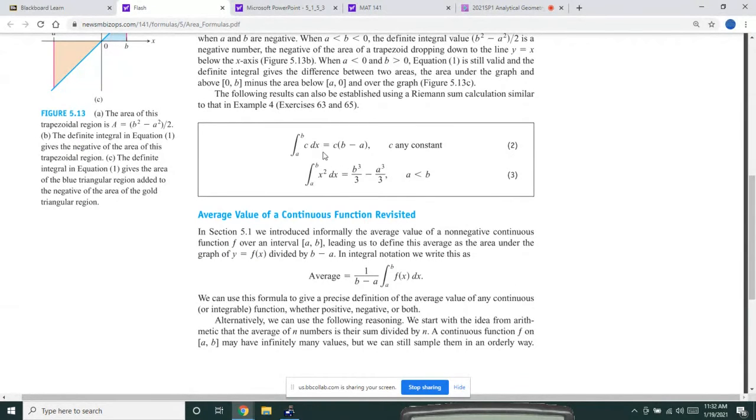Notice in this integral, this is just a constant. That would equal c times b minus a. Next, we have the integral from a to b of x squared. That's equal to b cubed divided by 3 minus a cubed divided by 3.